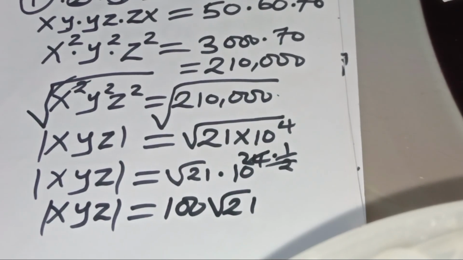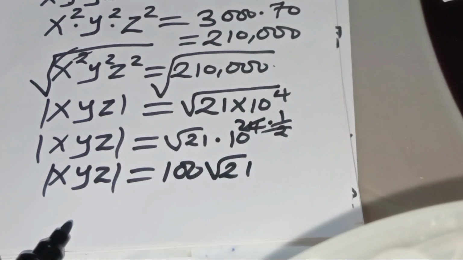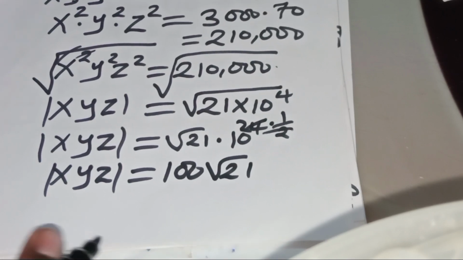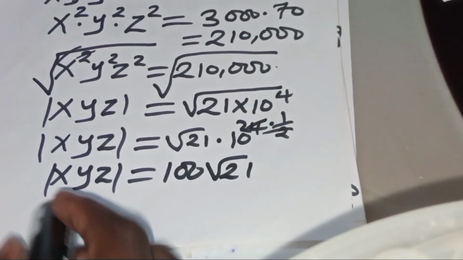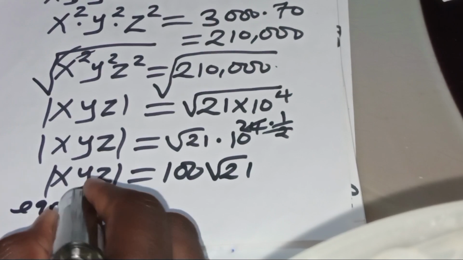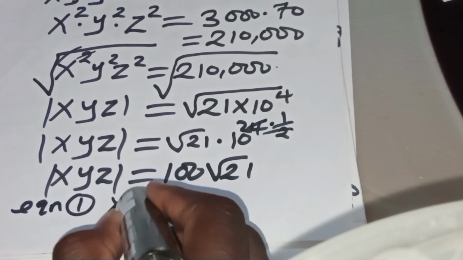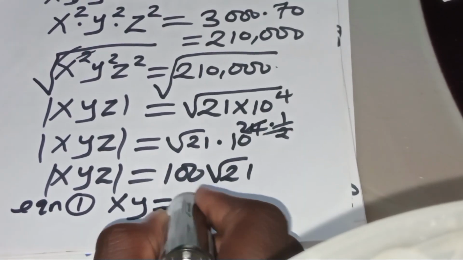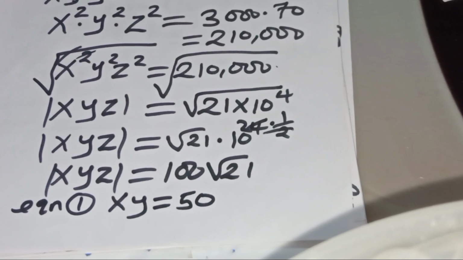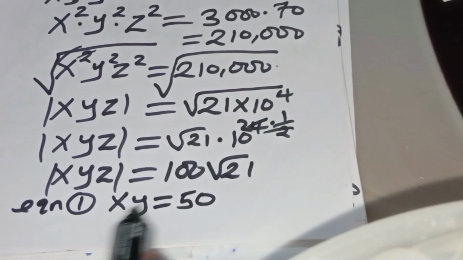Now let's calculate the individual variables. From equation 1, we have xy equal to 50, so we can substitute xy.